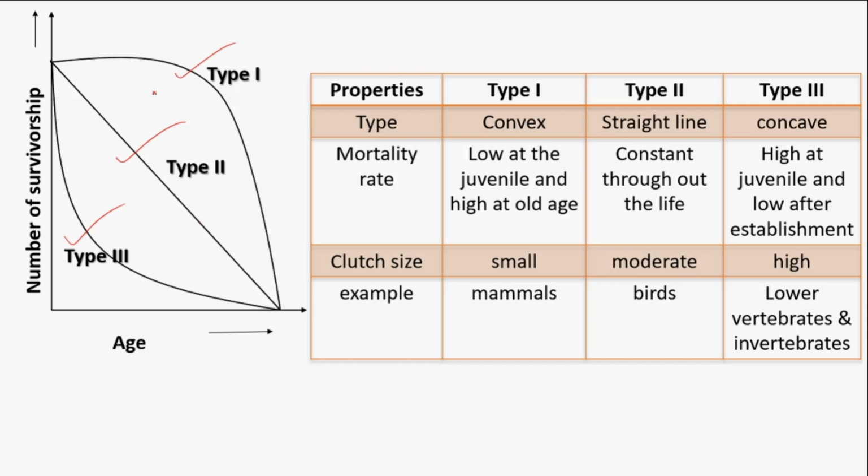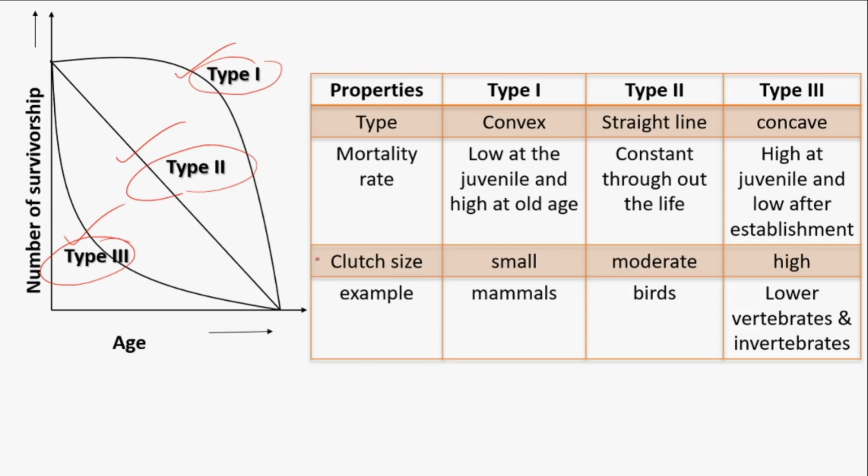Type 1 shows a low mortality rate at the juvenile time, while a high mortality rate at old age, and type 2 shows a constant mortality rate throughout life, and the type 3 survivorship curve shows a high mortality rate at the juvenile time and low after establishment. Type 1 examples are mammals, humans as well. Type 2 are the birds, and type 3 are the lower vertebrates as well as the invertebrates.